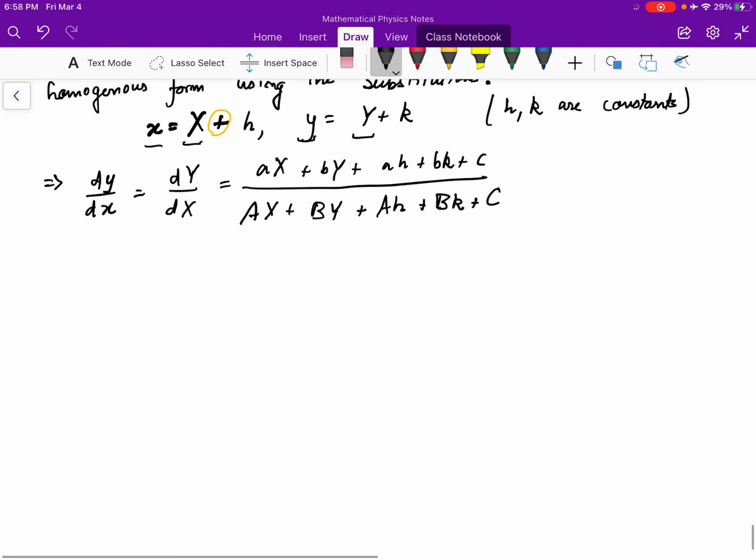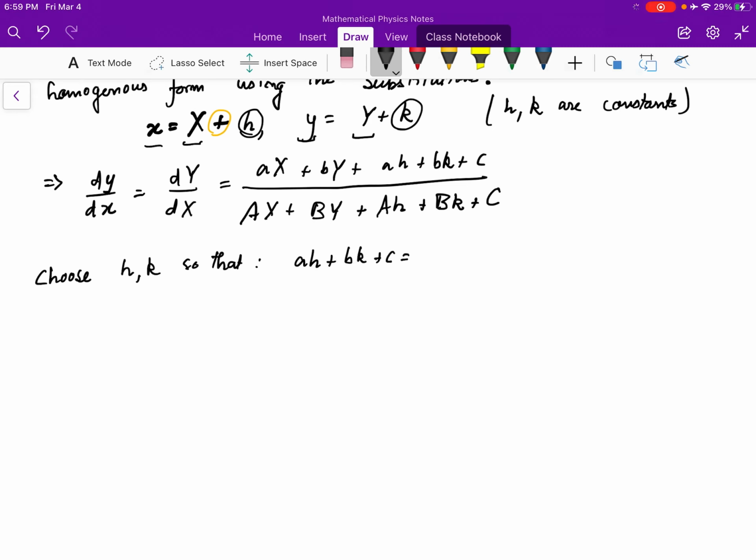The constraint now on choosing small h and small k, as we discussed, is that we choose the h and k that we used previously for the substitution, so that small a h plus small b k plus small c is equal to 0, and capital A h plus capital B k plus capital C is equal to 0.